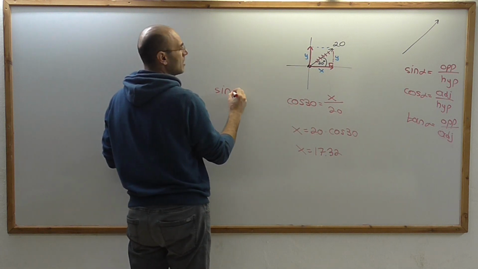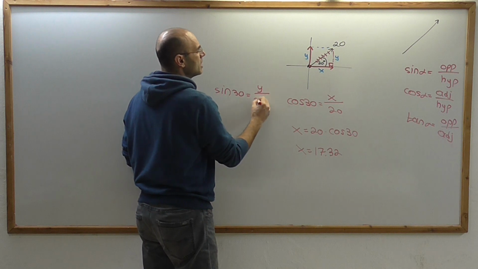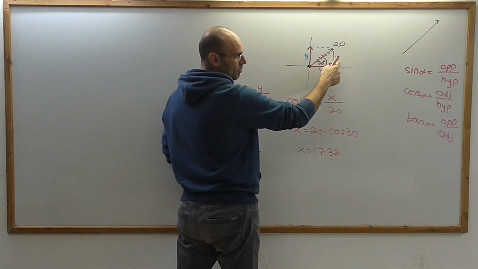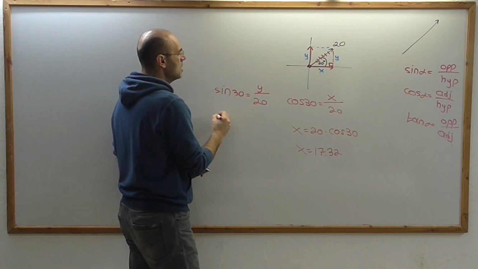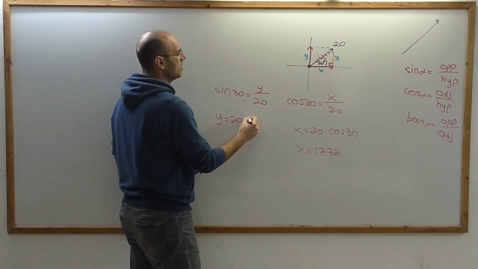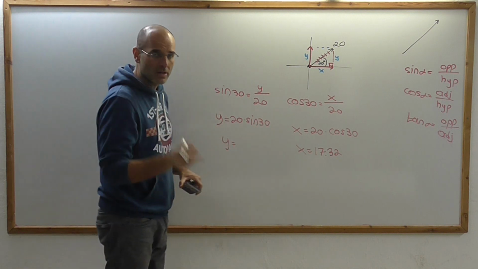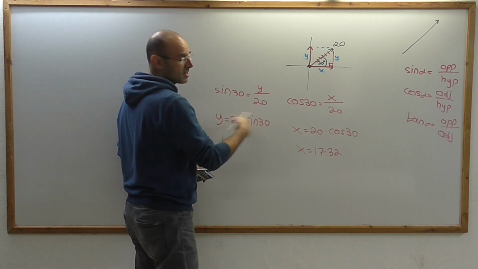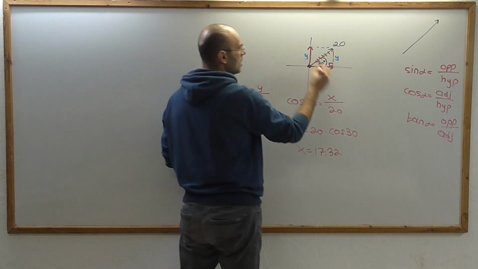So sine 30 equals y over the hypotenuse. So y equals 20 times sine 30. If you go to the calculator, it's a known angle. The sine is half. So 20 times half is 10.